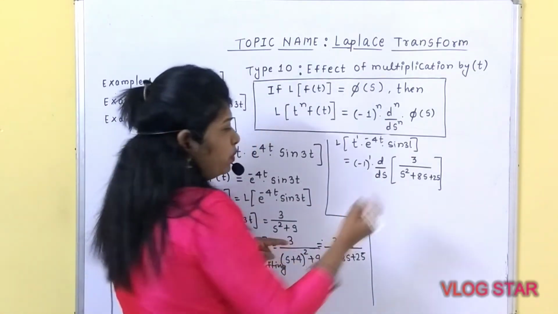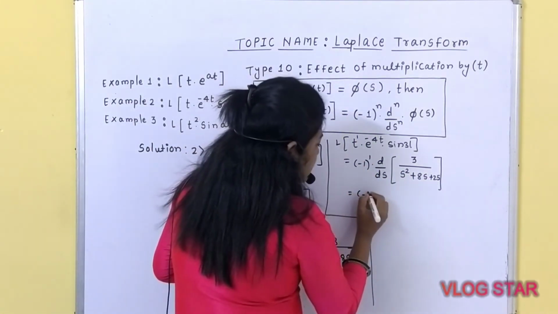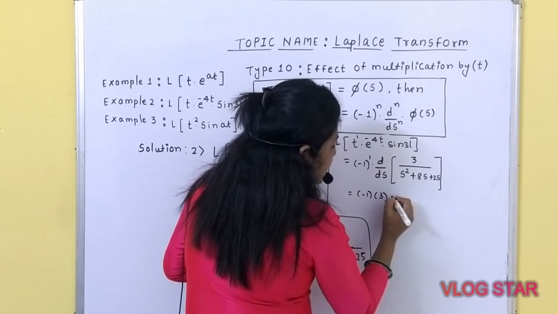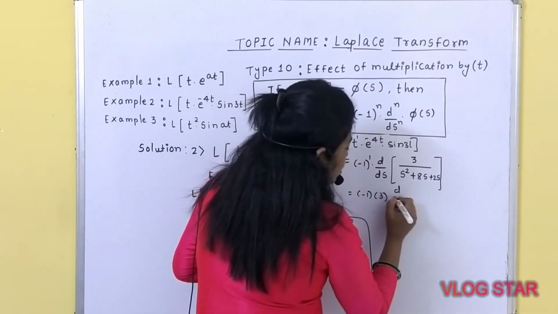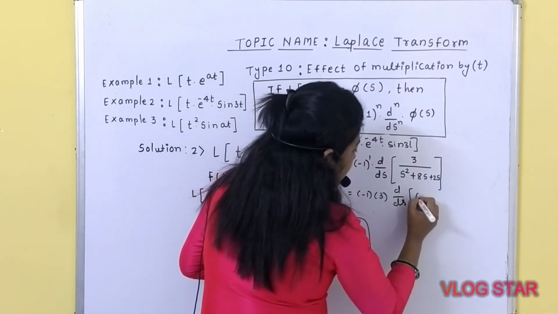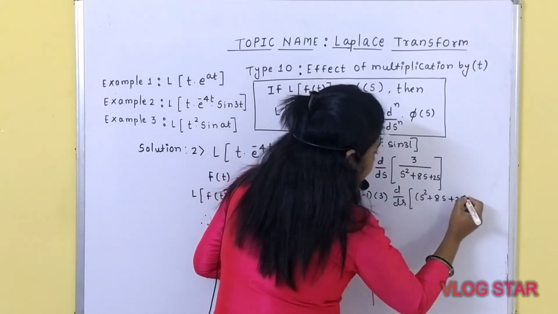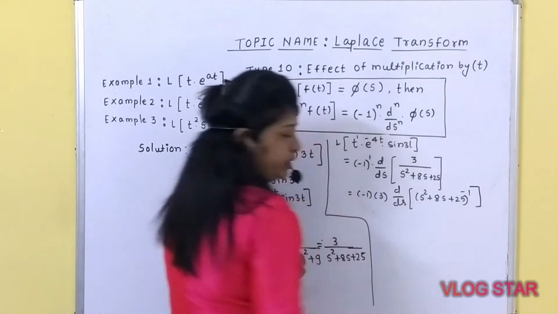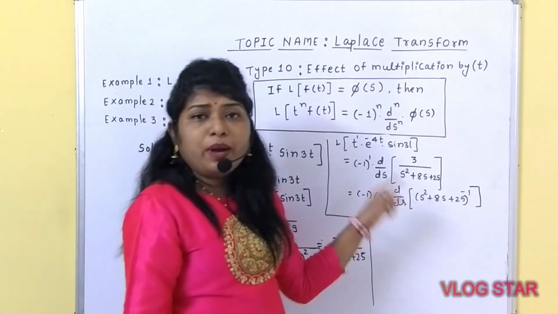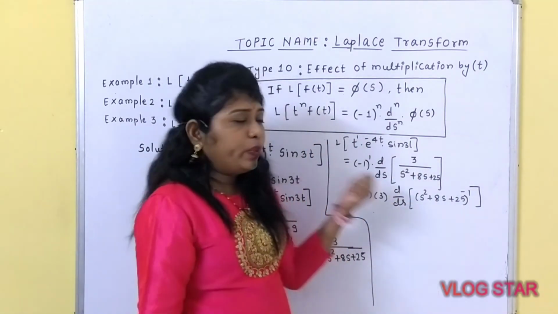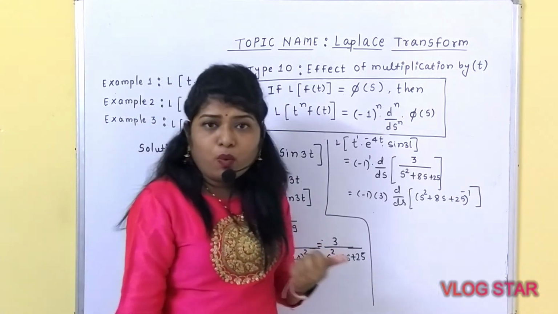So what we can do? We can take 3 outside the bracket. What is there inside? Derivative of s square plus 8s plus 25 raised to minus 1. Again you need to apply the same formula what we did in the case of example number 1.